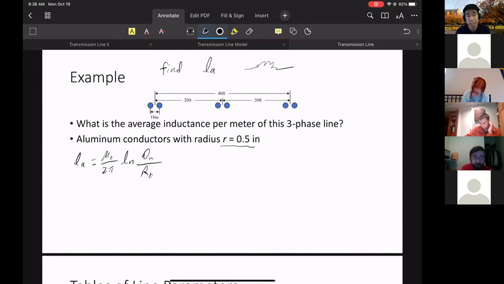Dm captures how far away the different phases are from each other, and Rb captures the size of the conductor, in this case the size of the bundled conductor. So it depends on these two values. Does anybody remember how we compute Dm in this case?